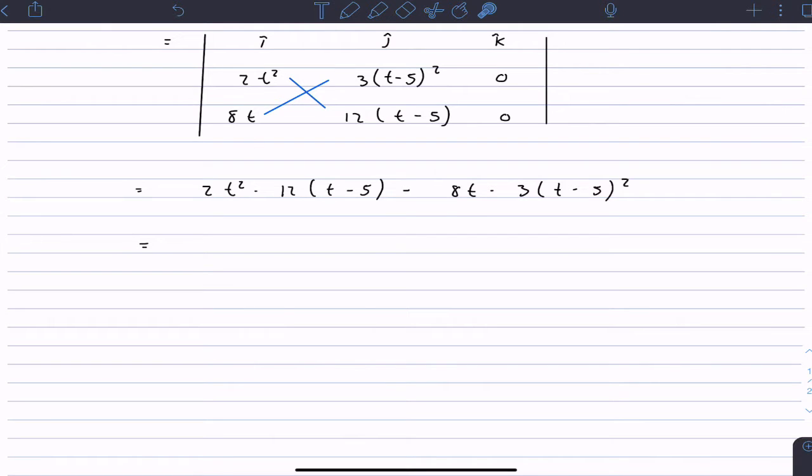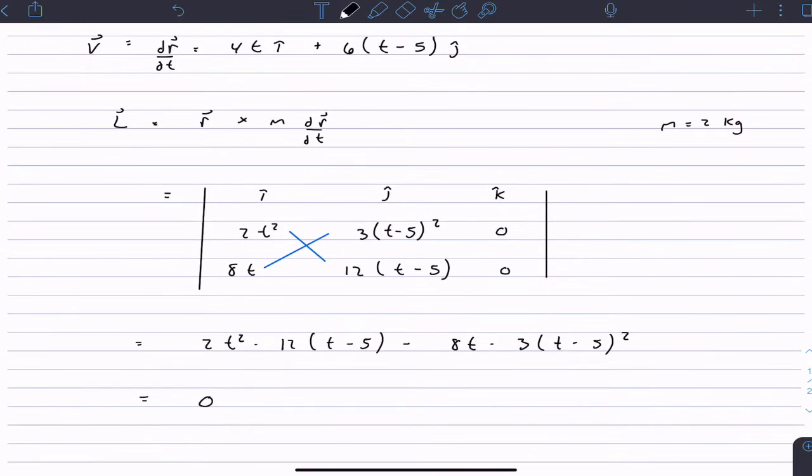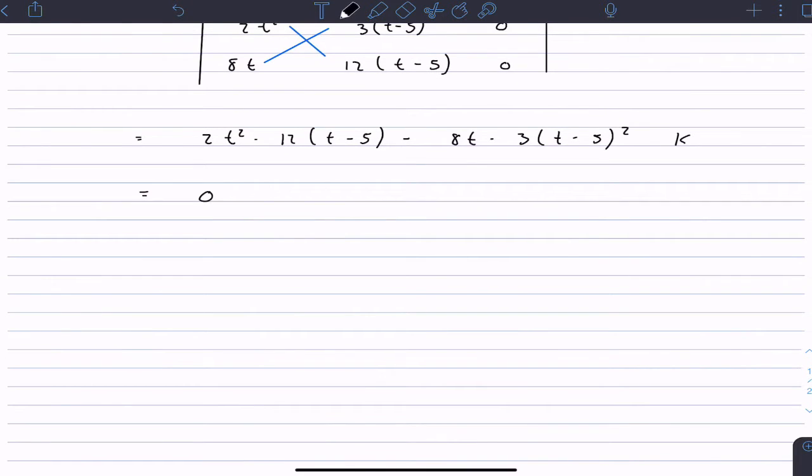And here, this will give you 25 times 2 times all of this. But this actually is going to be 0, right? t equals 5 minus 5, t equals 5 minus 5. Those are both 0. So our angular momentum, by the way, this is k hat, our angular momentum is 0 all around.